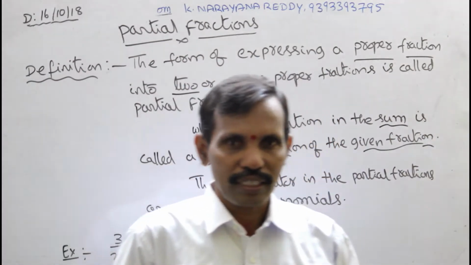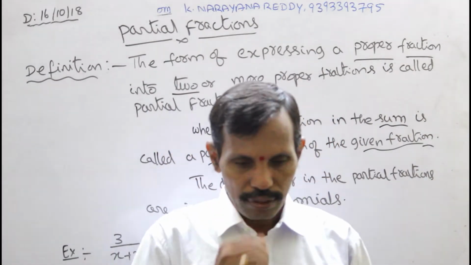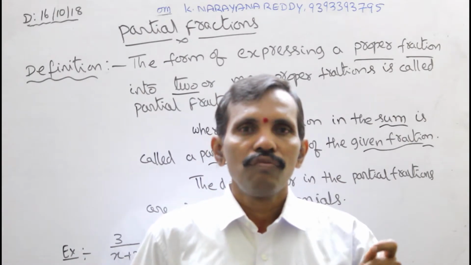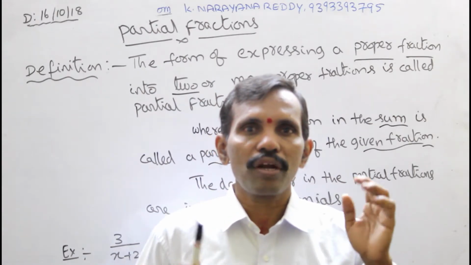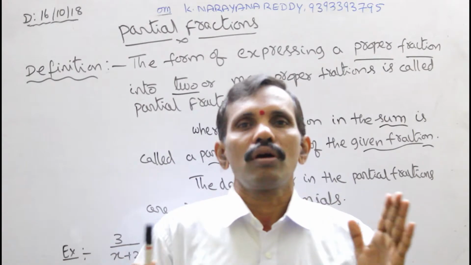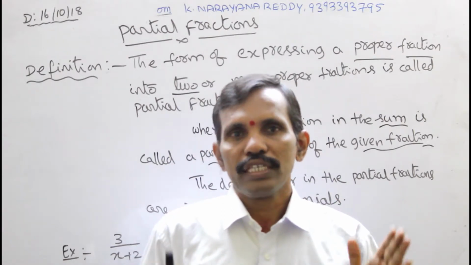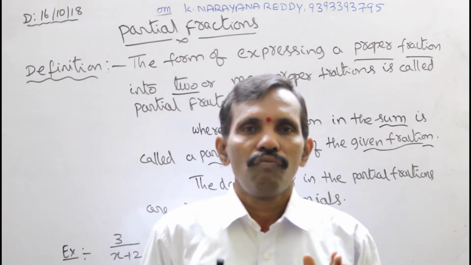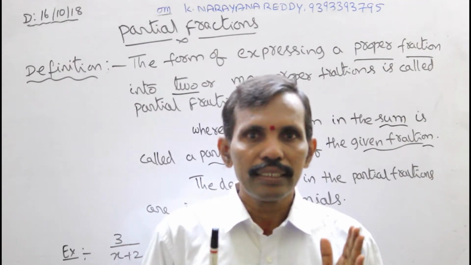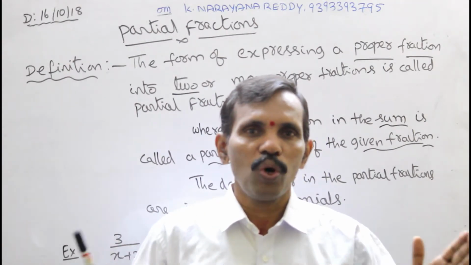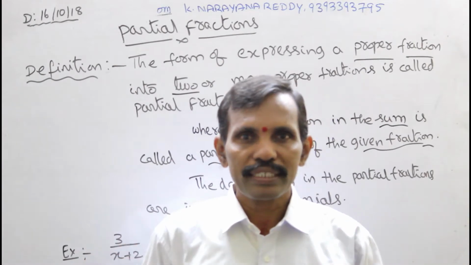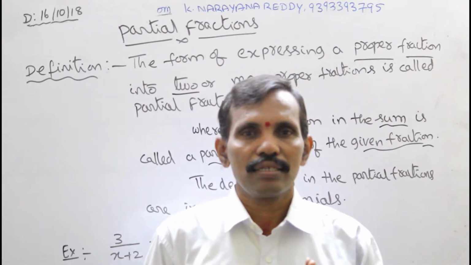I will tell in a later class clearly, but I will give just the definition now. Irreducible means which cannot be expressed as a product of two polynomials, which is individual, unique, which we can't divide into two or more.